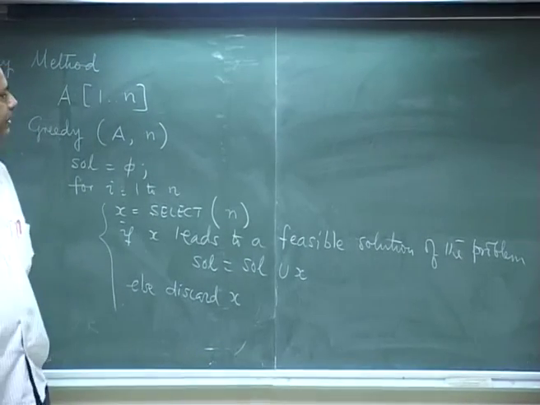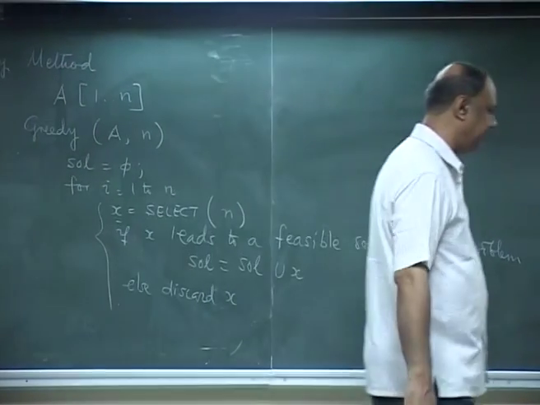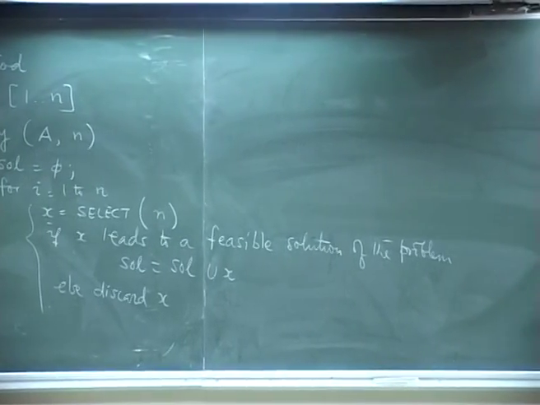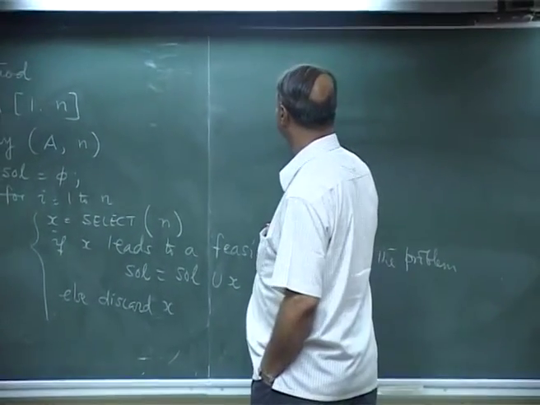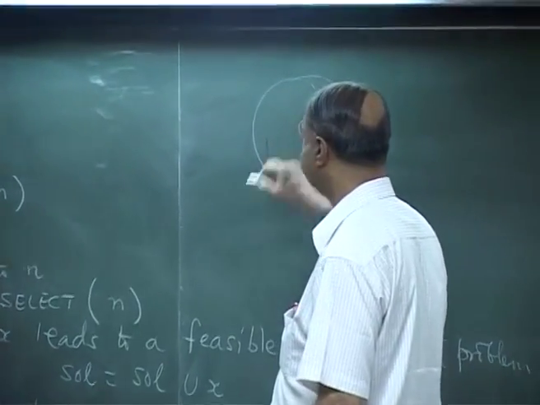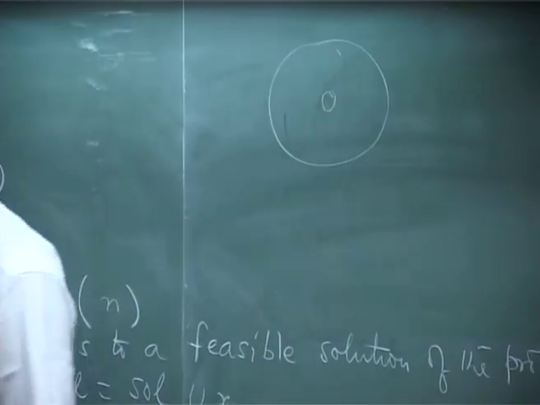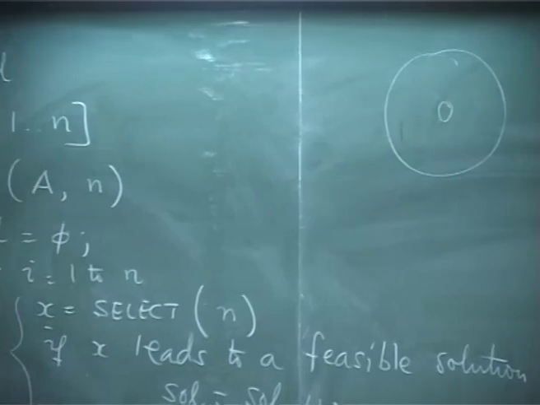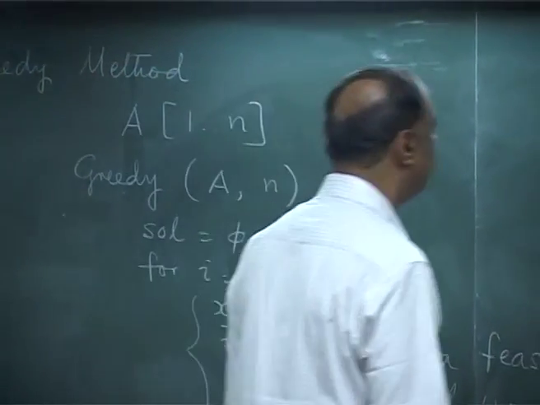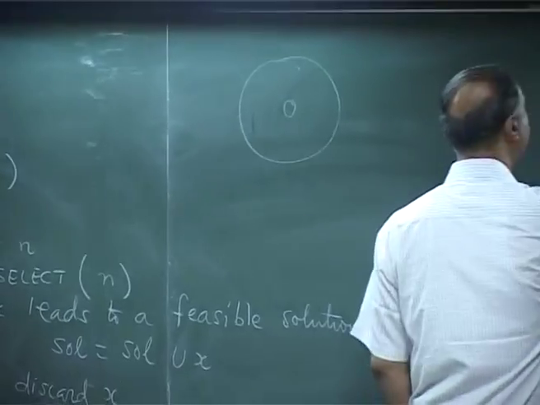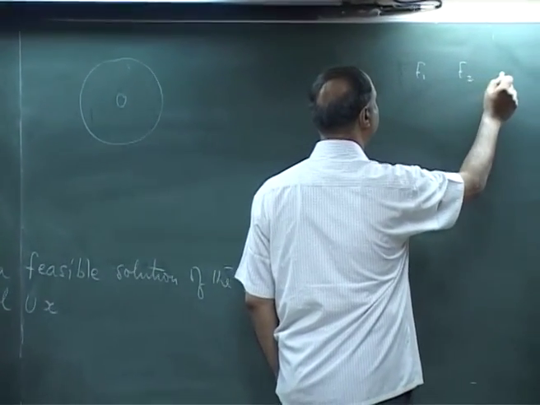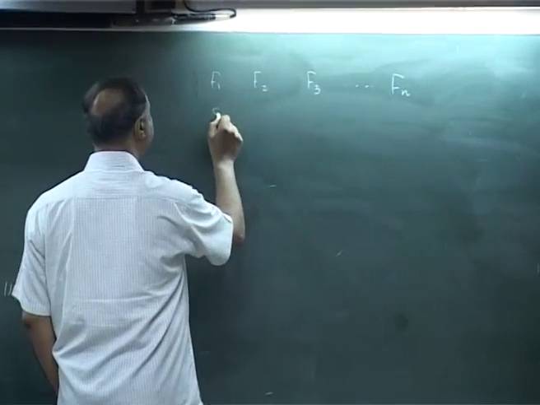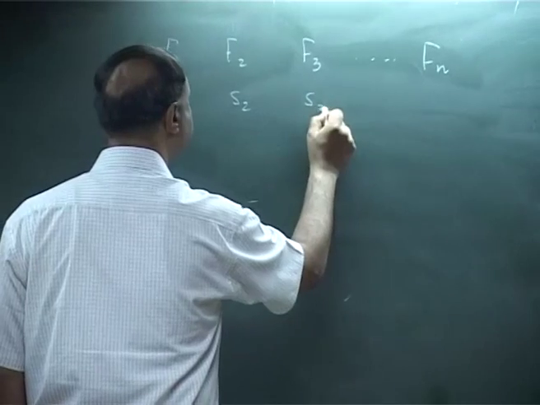Okay, this is a simple strategy we follow under the greedy strategy. Now, one example: I don't know whether you have seen magnetic tapes. These are large in size, and we used to store data or files on these magnetic tapes. Suppose you have files F1, F2, F3, up to Fn, and the sizes of these files are S1, S2, S3, up to Sn.